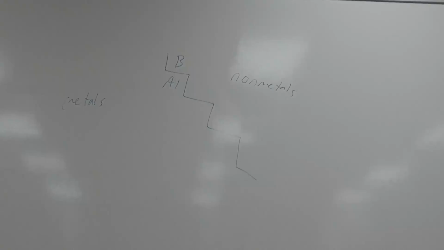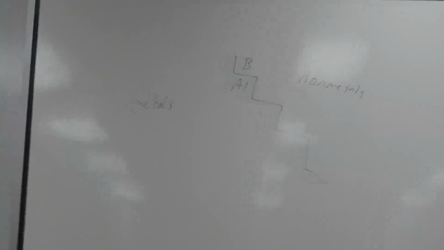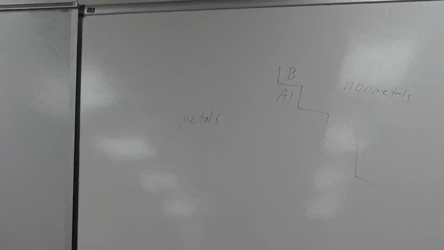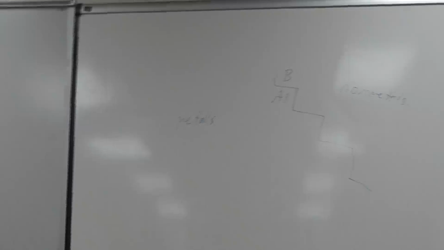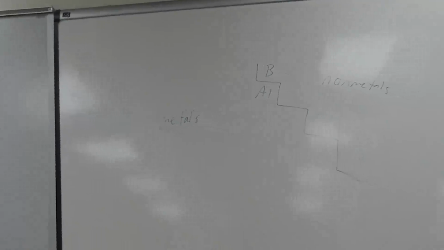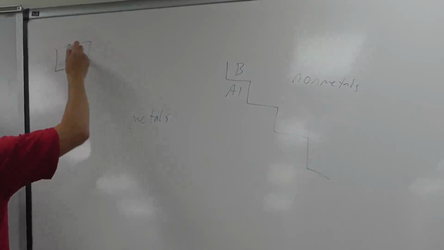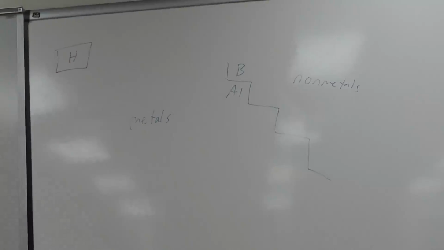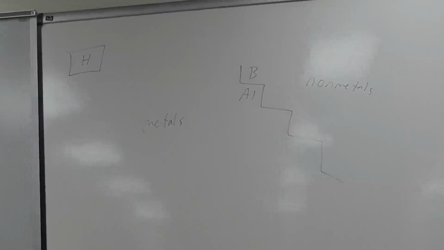And for the most part, your pattern on the periodic table was that zigzag line that goes between boron and aluminum and winds its way on down. Everything to the right of that zigzag is nonmetal, everything to the left of that zigzag is metal, with the exception of one, and that one is hydrogen. 9 times out of 10, if I ask you what element is the exception, it's going to be hydrogen.